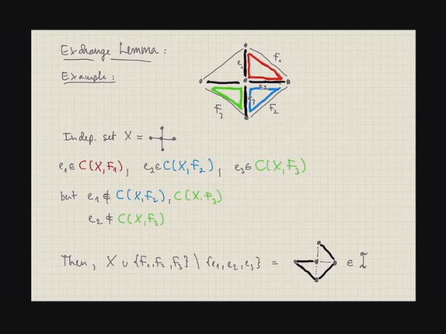And when I look at condition number 2, this condition says that the first edge here should not be part of the circuit generated by later elements, so by the circuit generated by element F2, and also not in the circuit generated by element F3.